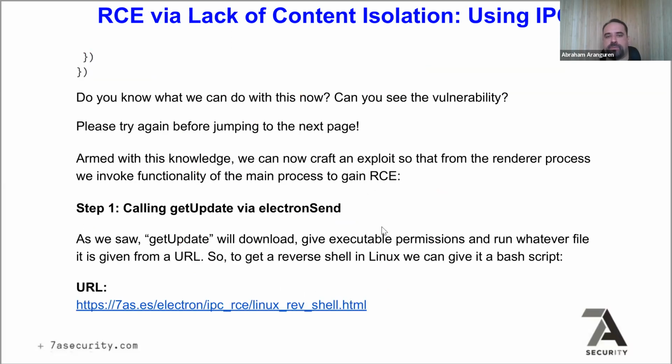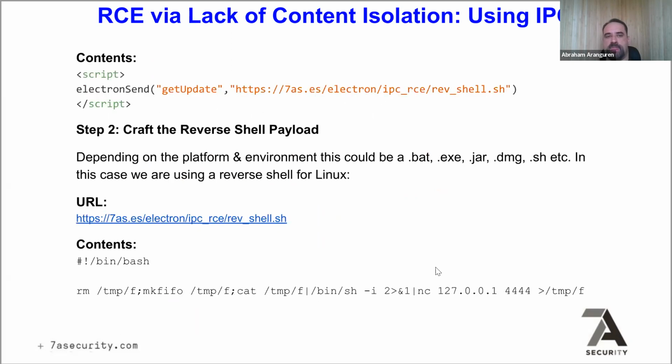And then what we can do is we can send a user a link like this. And then when they click on it, it will be this script like Electron send, get update, and so on. And then this will download the reverse shell, which is basically a Linux shell one-liner. It creates an input-output file. So first it deletes it, and then it creates an input-output file. And then it cats the file, pipes it to sh in interactive mode.